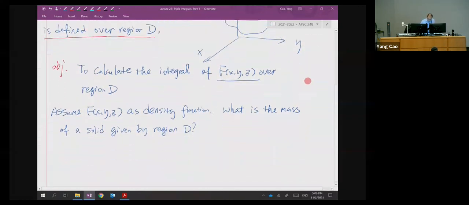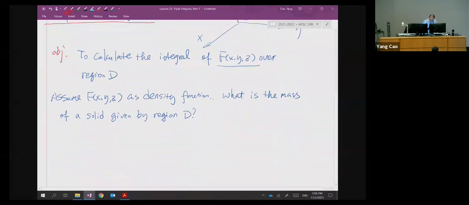Now I'm going to calculate the mass of the little cube. Since it's small, we can assume that the density within that little cube is constant. Then the mass is the volume of the cube times the density of the cube.